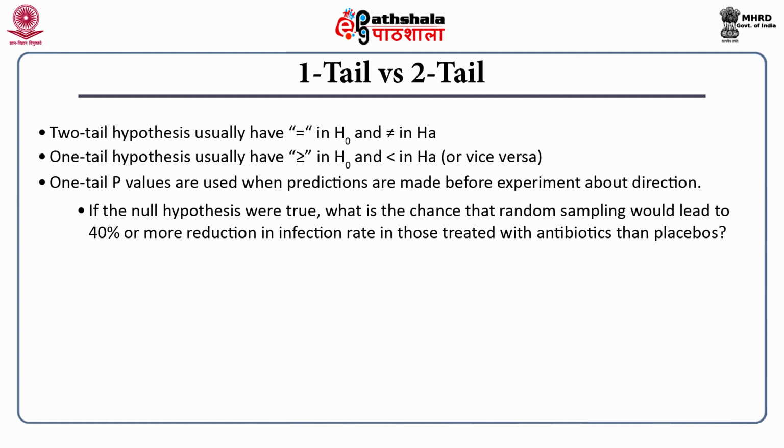See that I'm saying 40% or more reduction, because I know that it will reduce. Why? Because I'm treating with antibiotic, it will definitely reduce it. As I know very well, no known antibiotics are going to increase the number of bacterial colonies, right? Antibiotics are always detrimental to the bacteria, so it's already a reduction. So I can safely use a one-tail p-value.